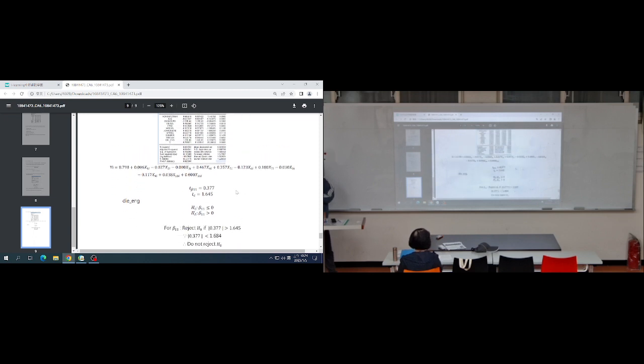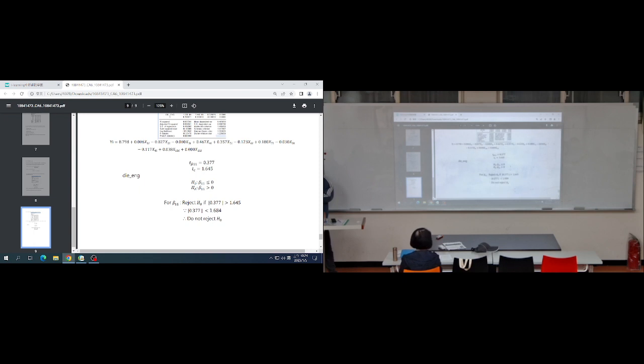You have 0.377, right? And we do not reject the. How come you change your critical value to 1.684? Actually, it's 1.684 instead of 1.645. I forgot. Okay, but we really don't care that much about this larger degrees of freedom in the denominator. So do not reject. What does that mean?